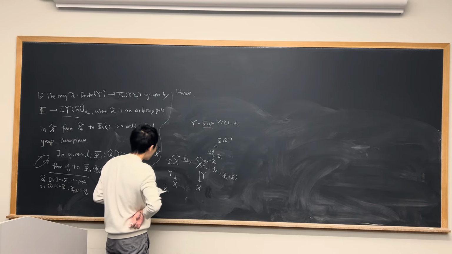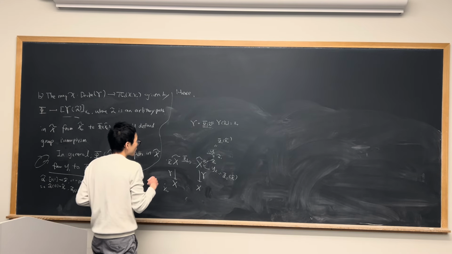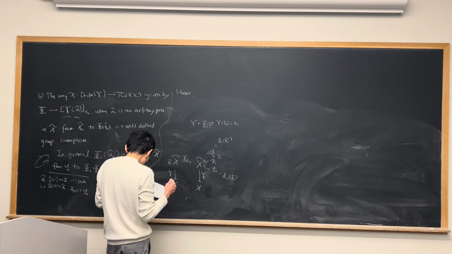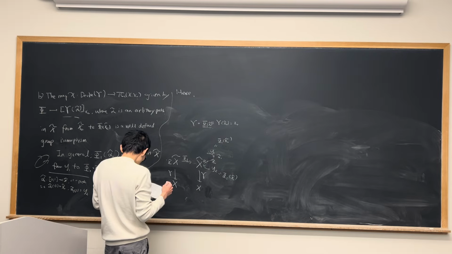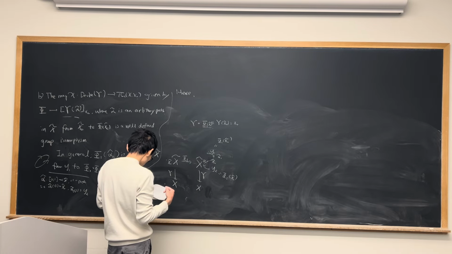So phi 1 of alpha 2 is a path in x tilde from y1 to, wait, y is y1.